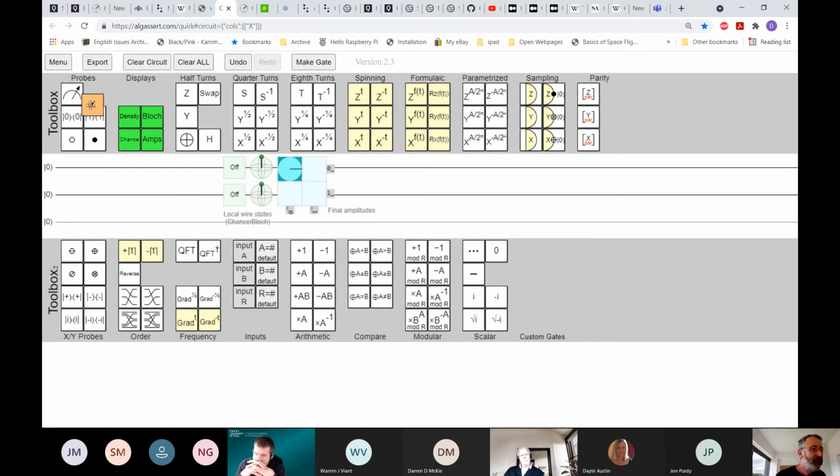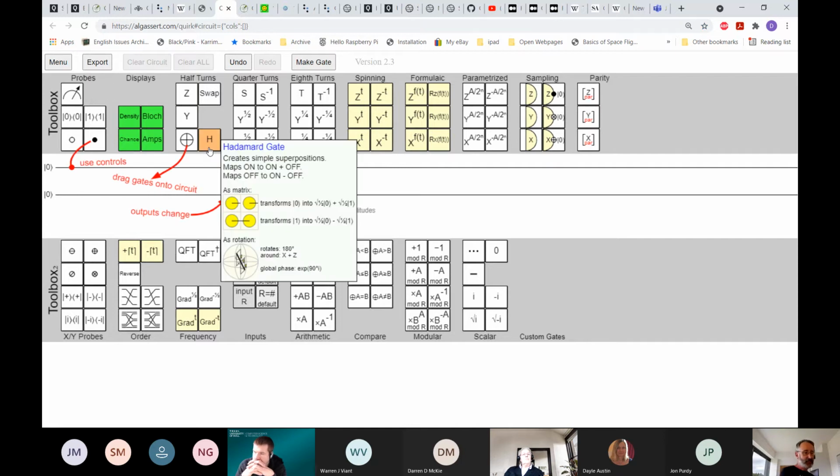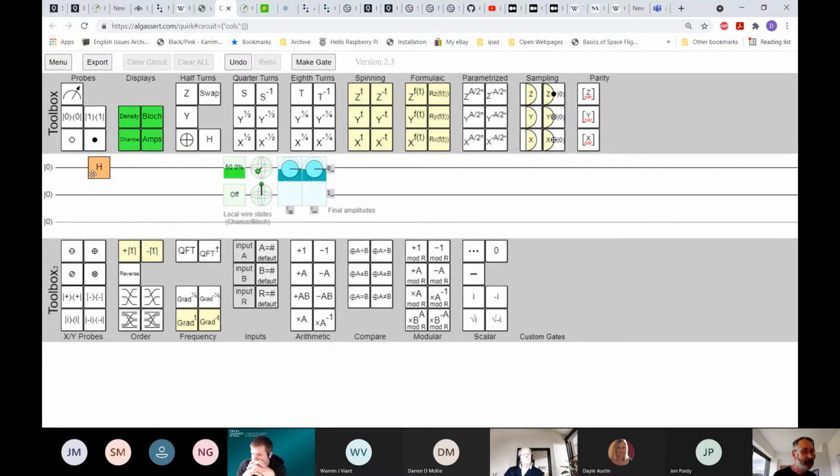We can do more sophisticated things than that. At that point, we know the state of that qubit. It's a 0. But we can have what's called a Hadamard gate that will actually put that qubit into superposition. This particular gate gives an equal probability, if we were to measure that line here, of it either being a 0 or 1.